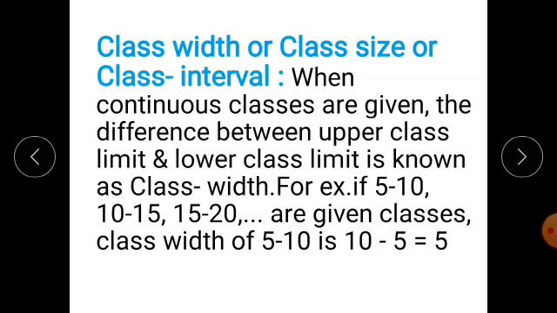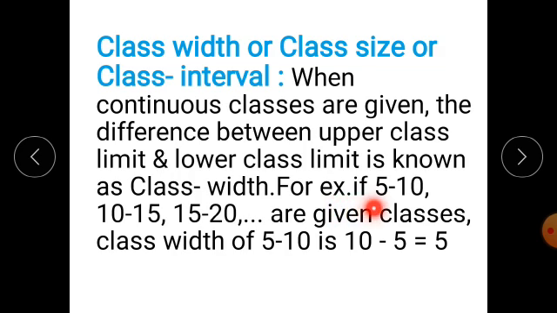Next is class width, or class size, or class interval. When continuous classes are given, the difference between upper class limit and lower class limit is known as class width.